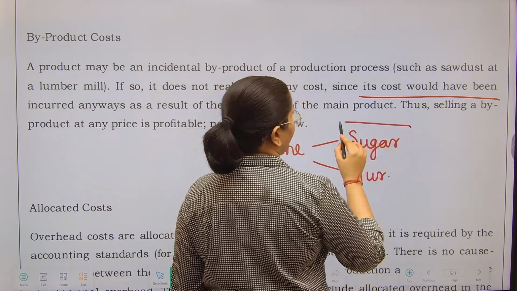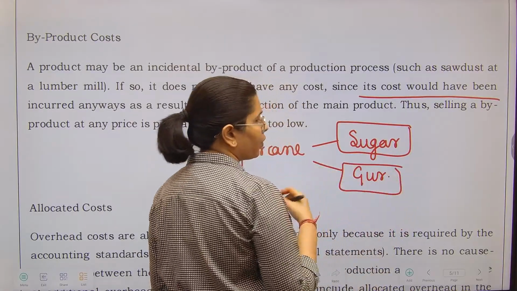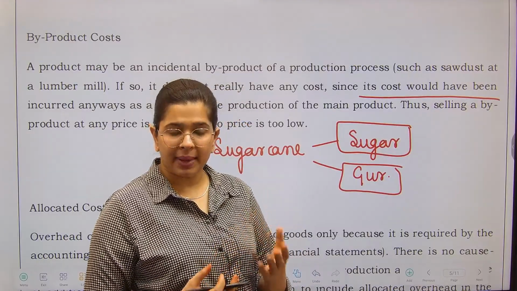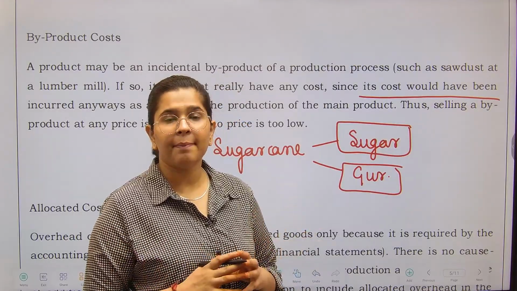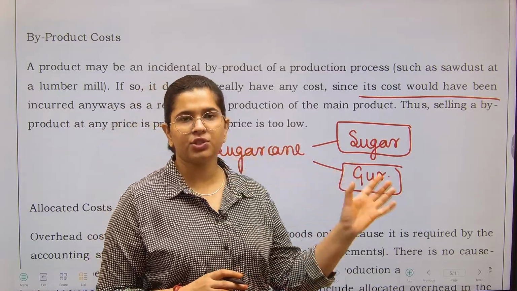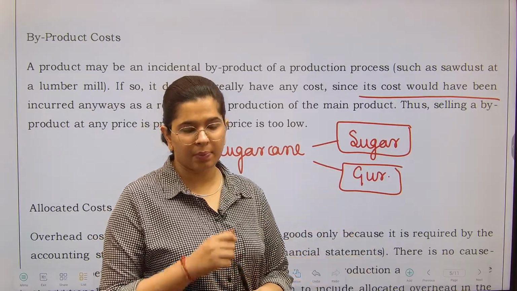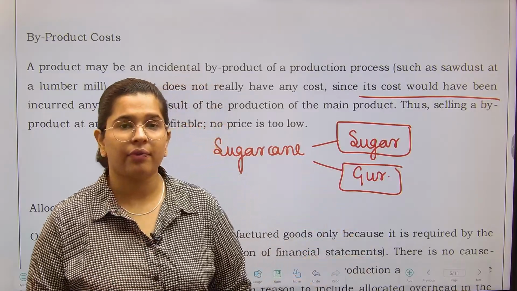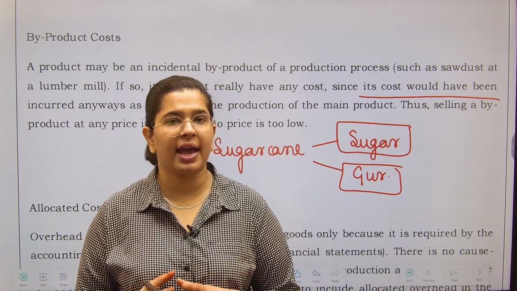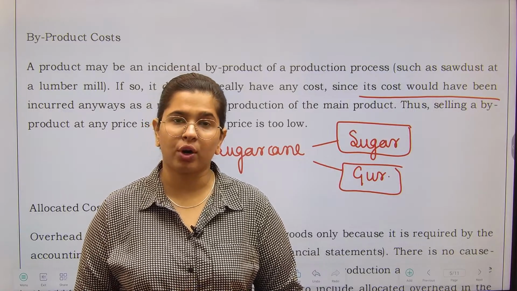So in the same process, you are getting these two things. Sugar, gud, right? There will be one main product and the others will be byproducts. Fine. So any feedstock, that means the canes that are left out of this particular process, are useful for different kinds of biodiesel or ethanol manufacturing, etc. Okay. So this is called the byproduct cost.